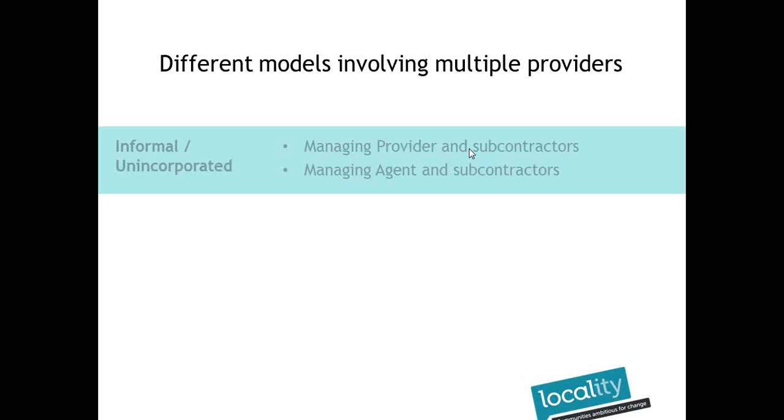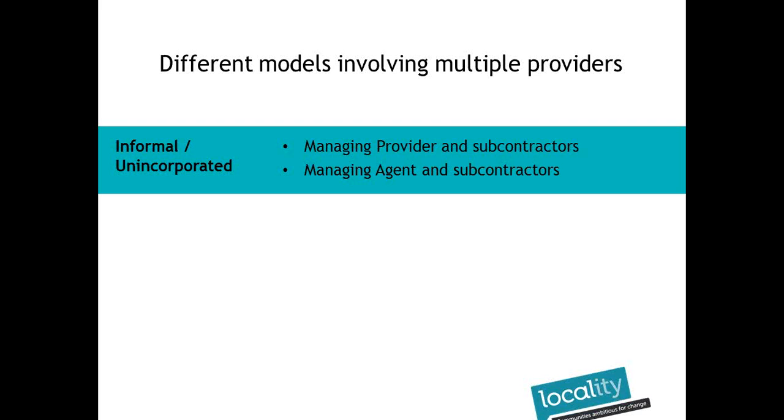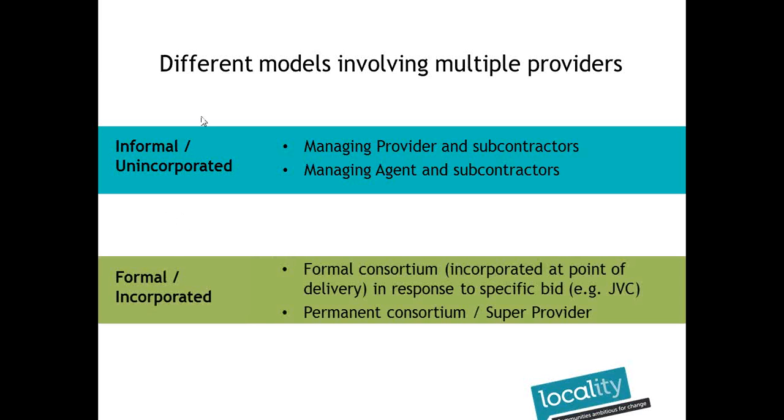Secondly, within that you might have a slight variation where the organisation is a managing agent, so rather than actually deliver any of the contract, they just contract manage and deliver all the work out to subcontractors. And when we think about the work program again, some of the work program prime contractors were managing providers, some were managing agents.